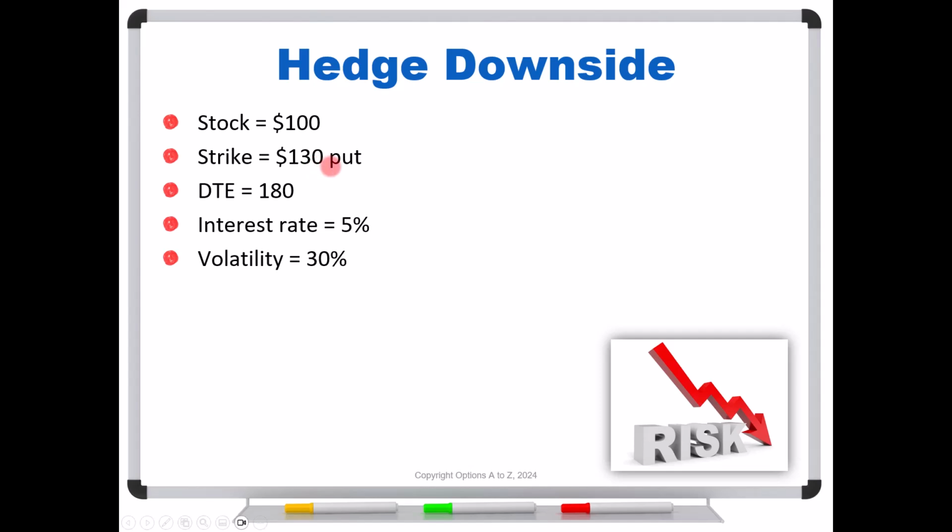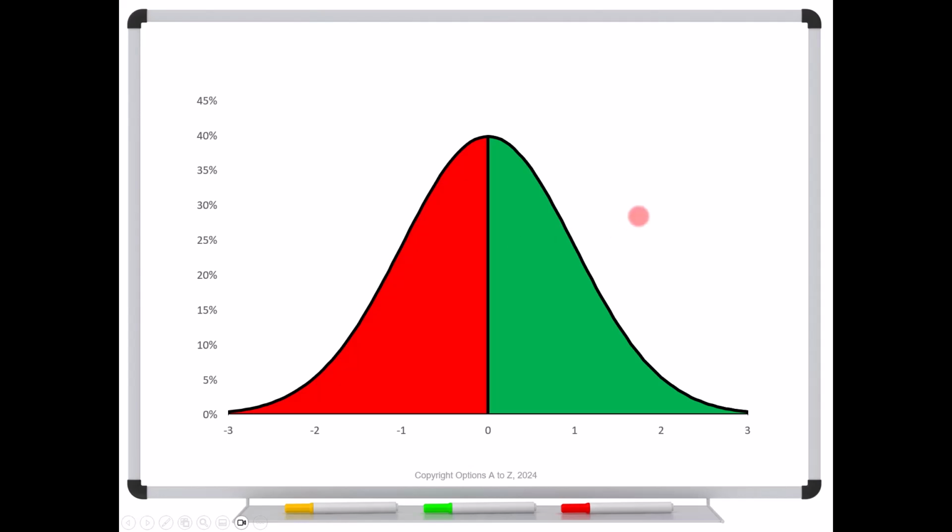So we have to ask, what's the probability of it going in the money, in other words, being profitable to the upside? Well, now it turns out to be about 6.6%, just under 7%. So we started out here at about a 50-50 shot, and then after we bought this 130 put, we moved to here. So now all of this area to the right, here in green, this is our 6.6%.